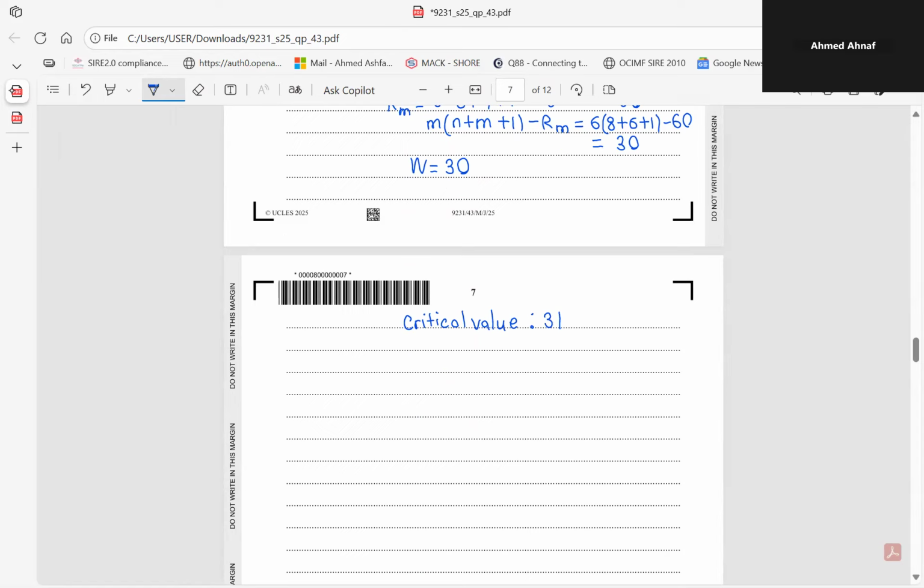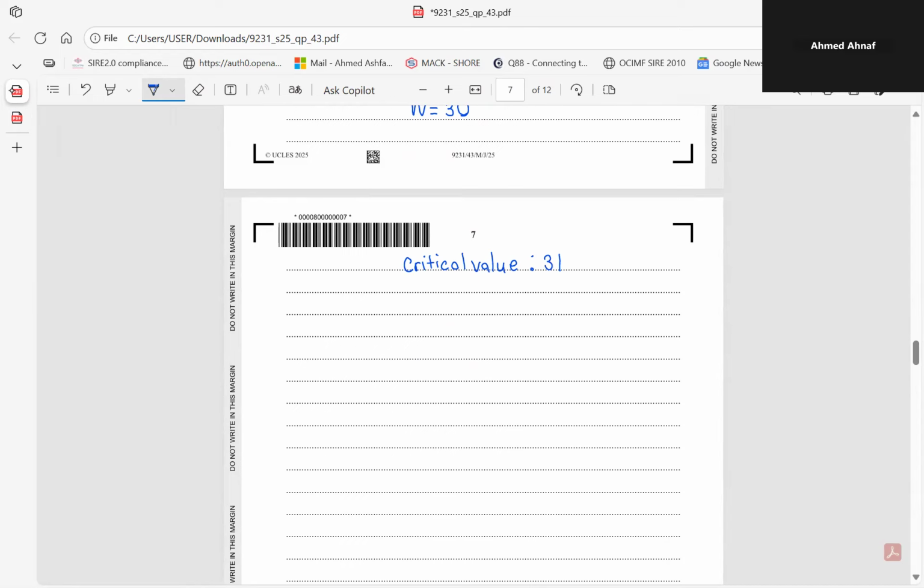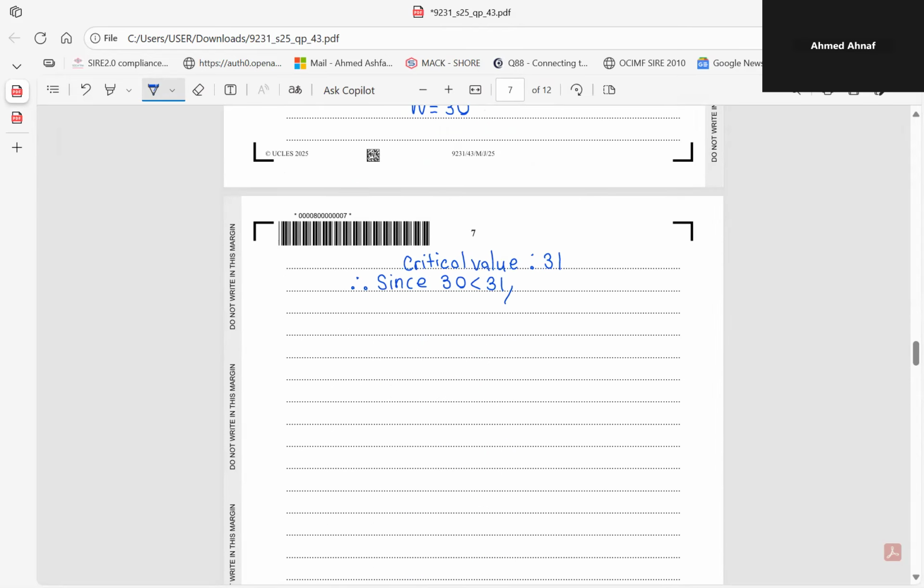Unlike our parametric tests, where we assume the data follows a certain distribution, here we don't. If our test statistic is less than the critical value, we reject H naught. So you can write down: since 30 is less than 31, reject H naught.